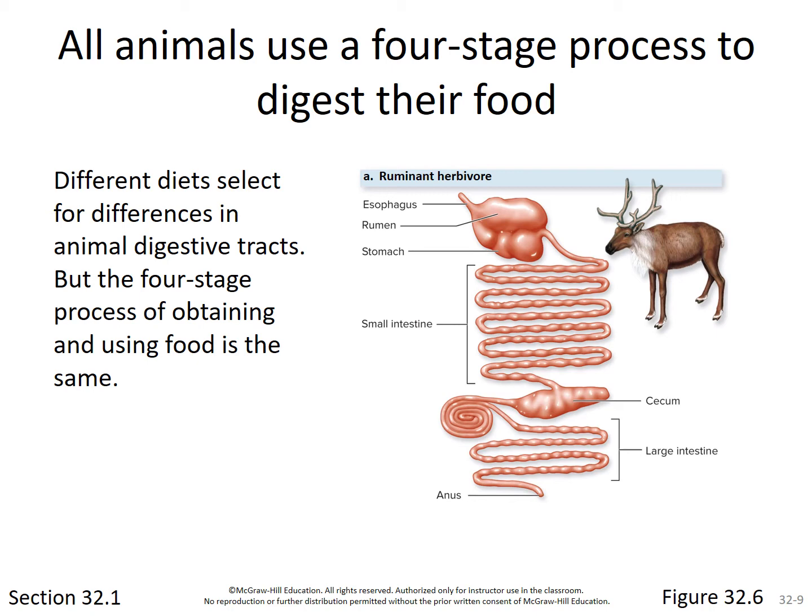What you see here is the digestive tract for a ruminant herbivore, and we'll take another look at this in just a minute, and see the differences between this animal's digestive system and a carnivore's digestive system. In either case, though, although the digestive systems can look very different, there is a 4-stage process of obtaining food and using it, and it is the same between all animals.